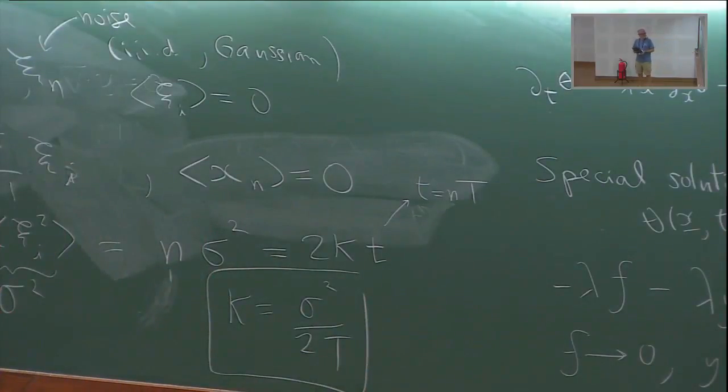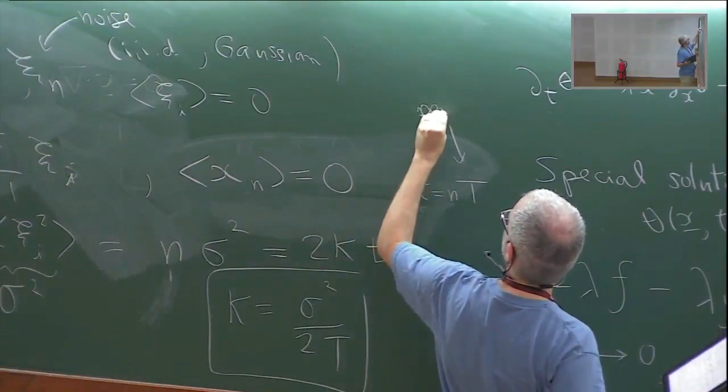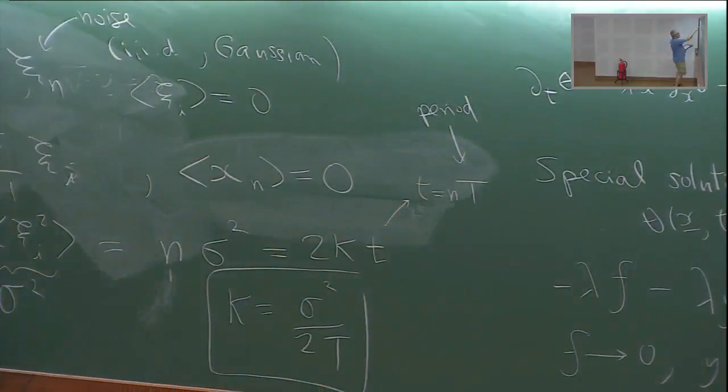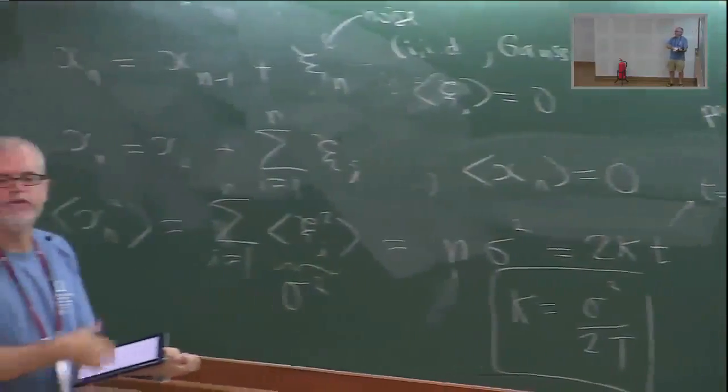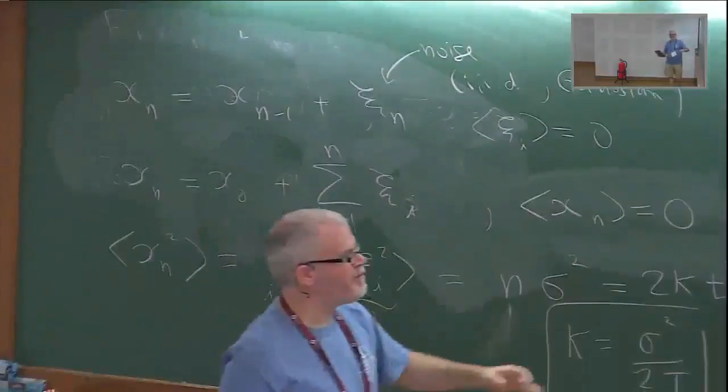Sorry? Oh, the period between these discrete steps. I'm assuming that I'm sort of hitting this particle at discrete times n, but in the world there would be some time between these discrete times. Of course, this could itself be a random variable, right?